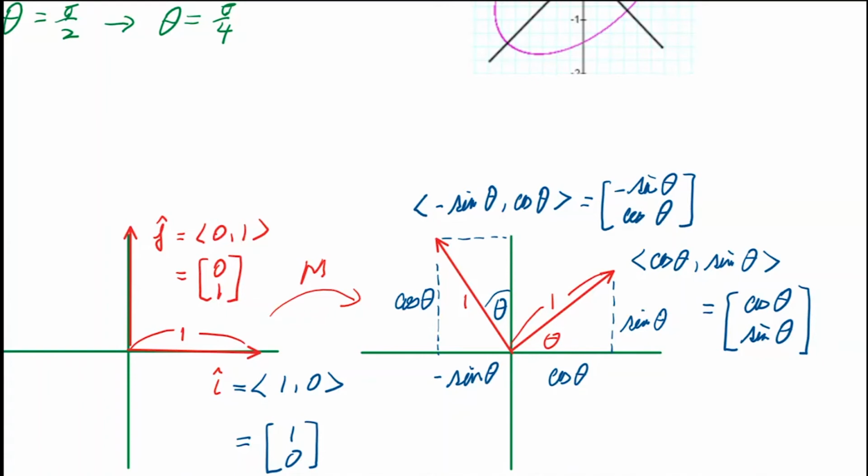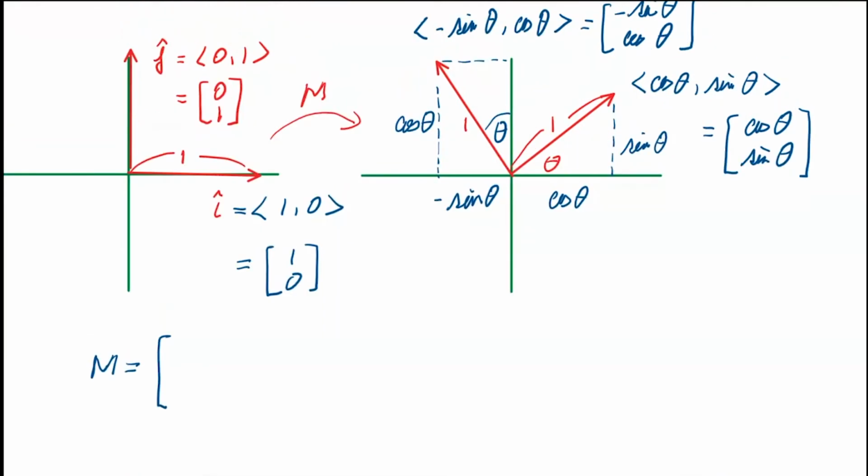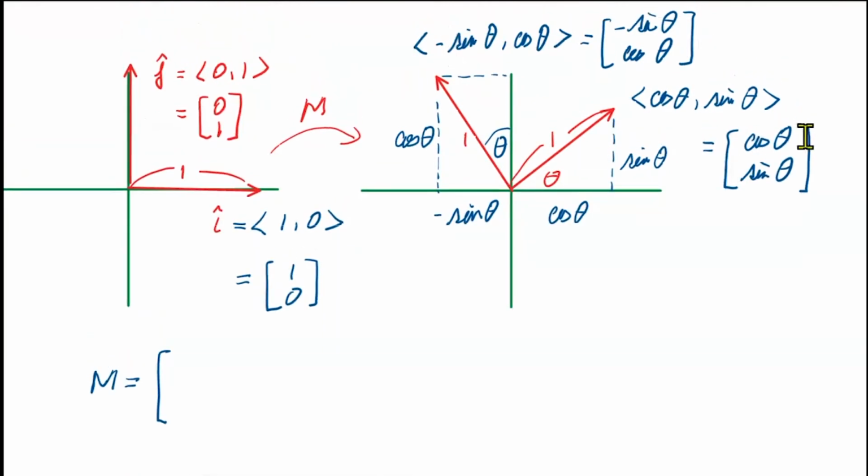Here's a proposal. I propose our M, the coordinate transformation matrix, has as its first column whatever you want the I vector to become, cosine theta and sine theta here, and as its second column whatever you want the J vector to become after the transformation.